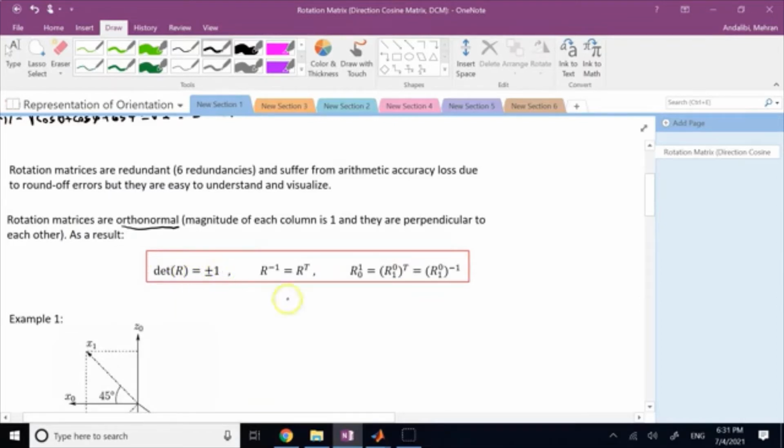And I'll show you. The other one, which is the most important property of them, is that if you want to invert the matrix, all you need is to just transpose the matrix. That's the most important property of these matrices. Because in general, inverse of matrices is a costly operation. Not necessarily for a 3x3, but in general, it is quite more demanding.